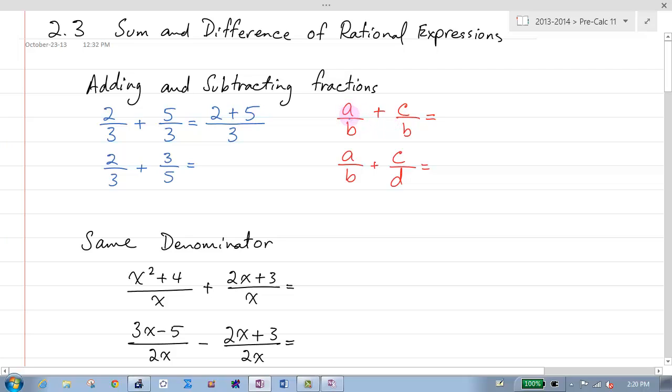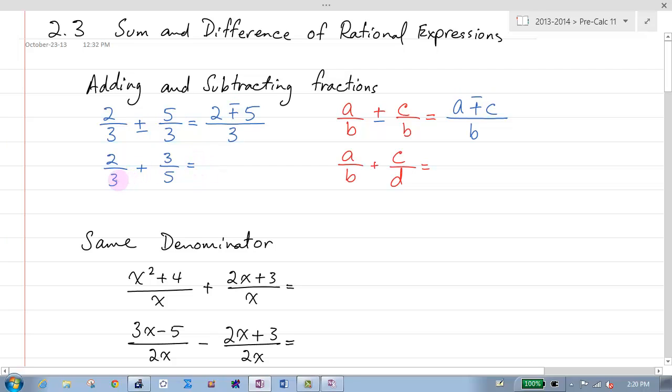So in other words, if I generalize this idea, if I have a over b plus c over b, I can do this addition as a fraction over b of a plus c. And if it is a subtraction, all I need to do is just change that to subtraction. Subtraction and addition are very closely related to each other.